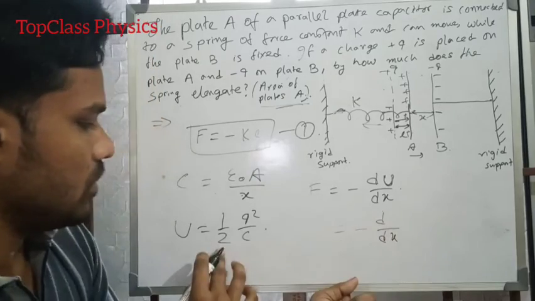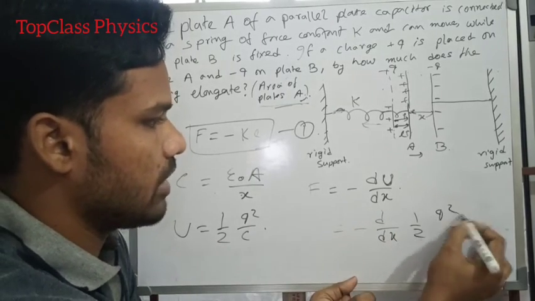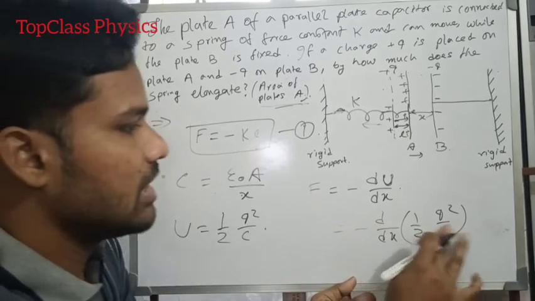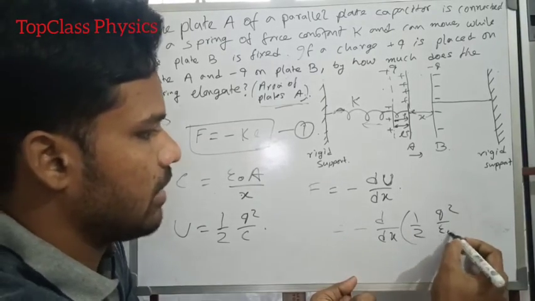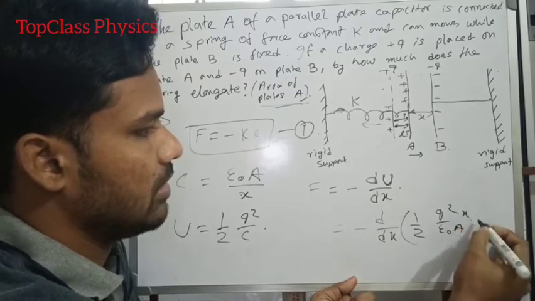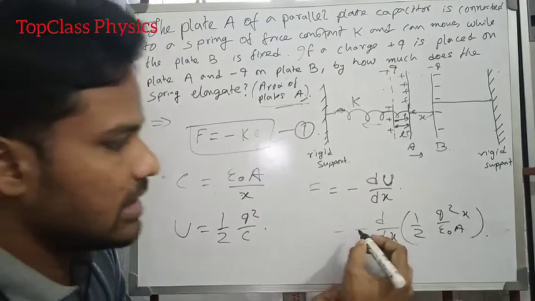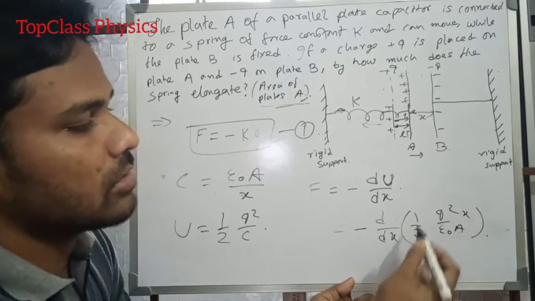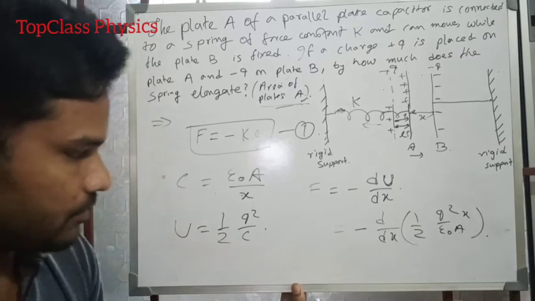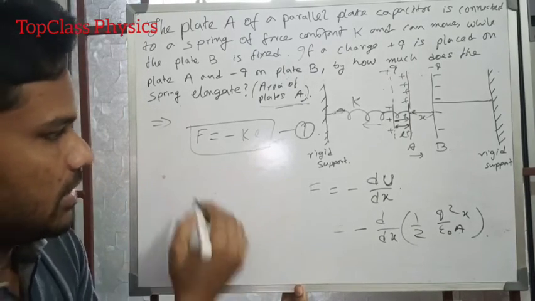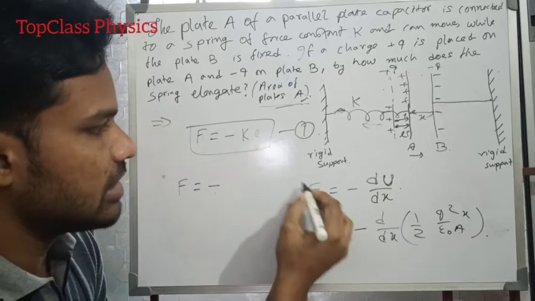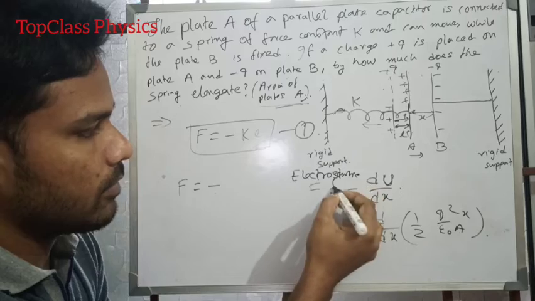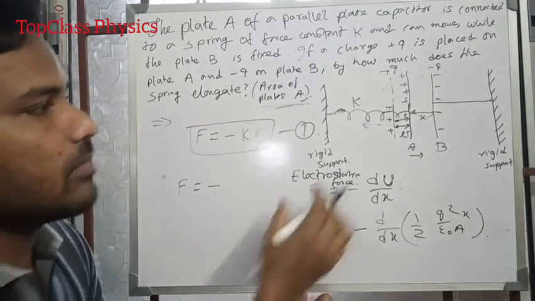Instead of U, put half Q squared by C. Now put the value of C, epsilon naught A by X, so X comes in the numerator. Just differentiate it with respect to X. You know Q is constant, area is constant, epsilon naught is constant, half is constant, so I take them outside the derivative. This is the electrostatic force between these two plates.